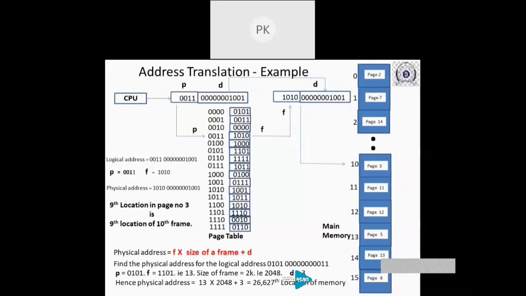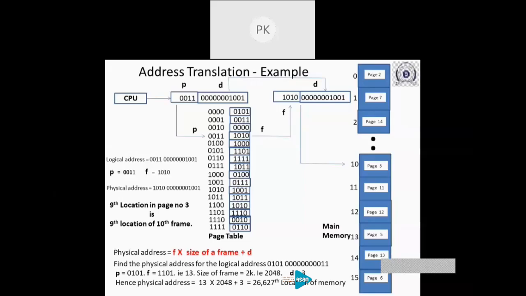Now, as I told you, this physical address is computed by appending the frame number with the offset. But when the frame number is given, say f, to compute the physical address, actually we have to multiply this f by the size of the frame, so that we get the starting address of the fth frame.